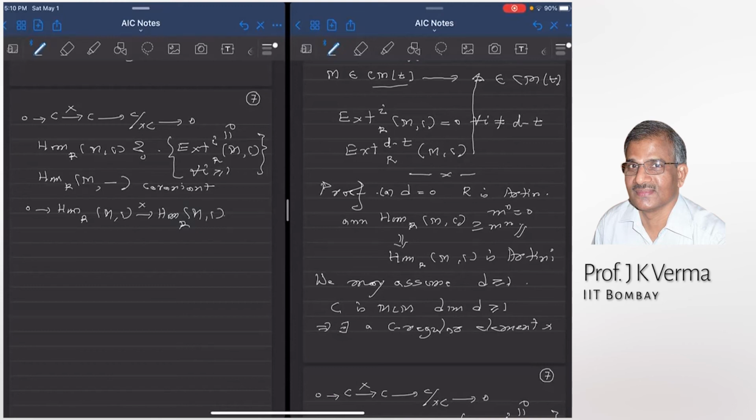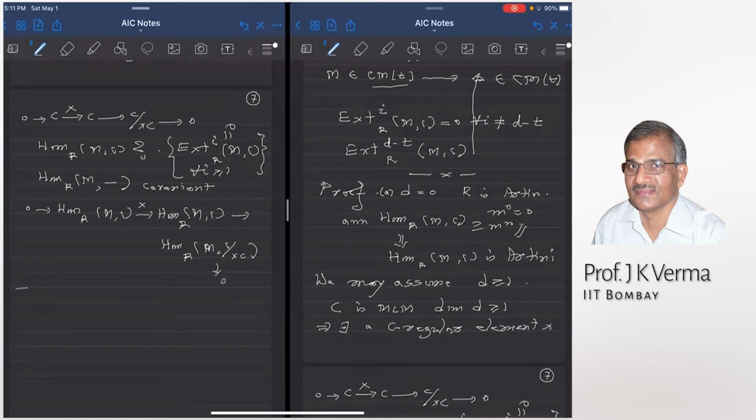And then we get Hom_R(M, C/xC). So I have just one regular element that gave rise to this short exact sequence, and because higher Ext are 0, this sequence is exact. So the next module is Ext^1(M, C), which is equal to 0.